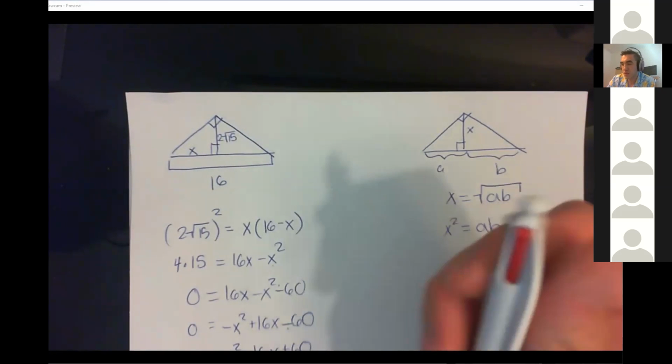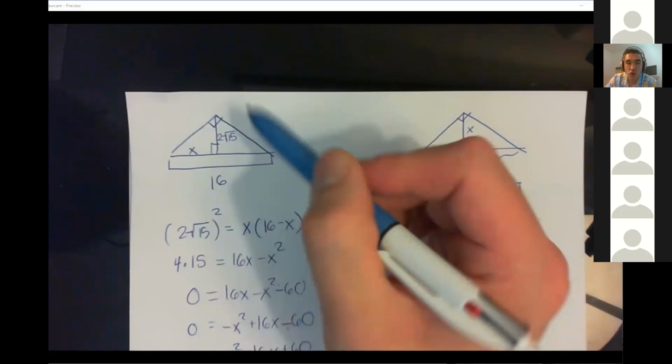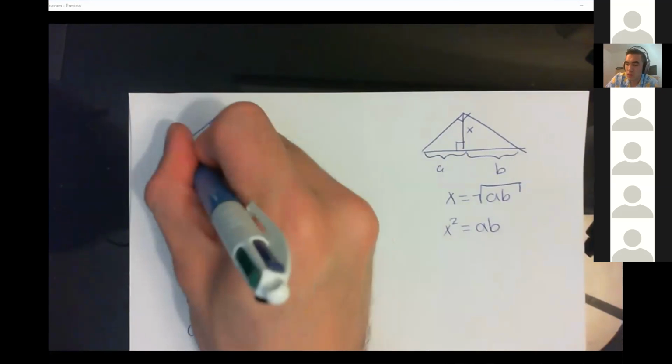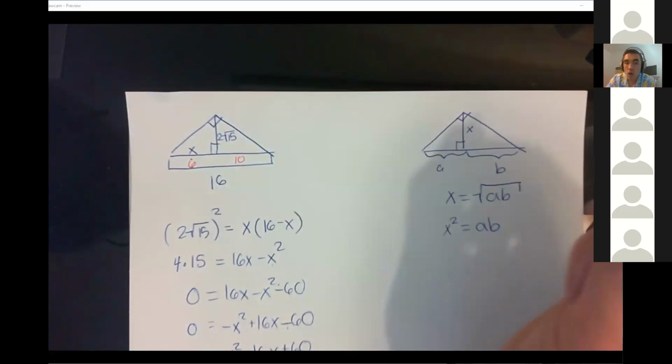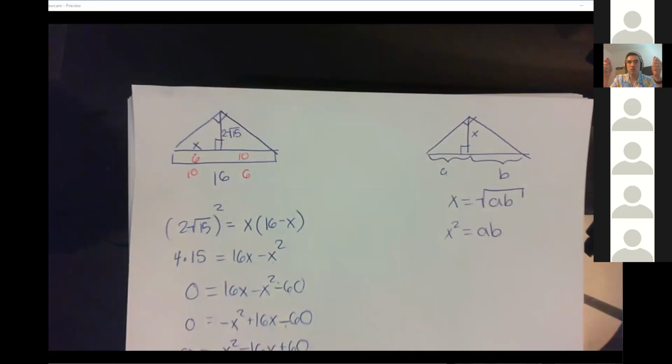So what this is telling us by saying, hey, it's 6 or it's 10, is that if you're getting an altitude of 2 root 15 with this relationship, it's either 6 and 10, or it's 10 and 6. Physically, it's just saying that it's either one of these answers, or you flip the triangle over and it's the same set of answers. Those are the only two numbers which will give you an altitude of 2 root 15, which also sum to 16.